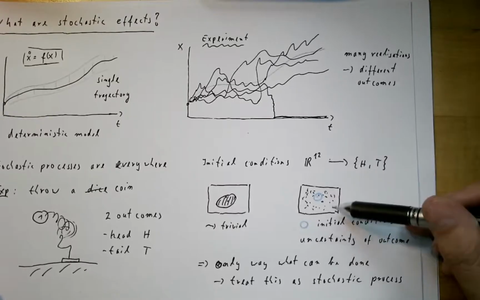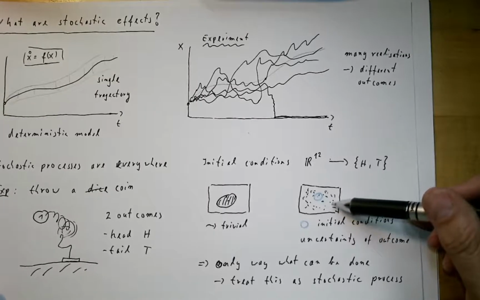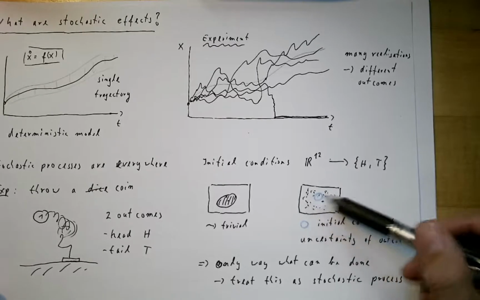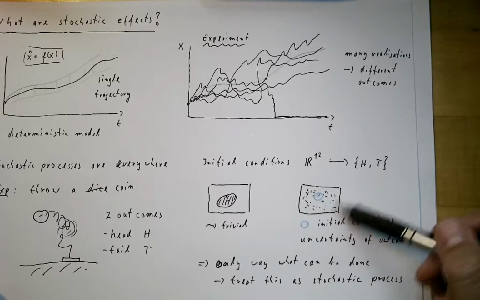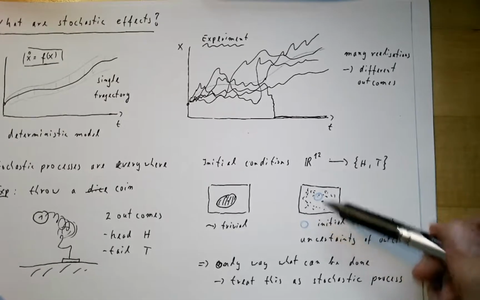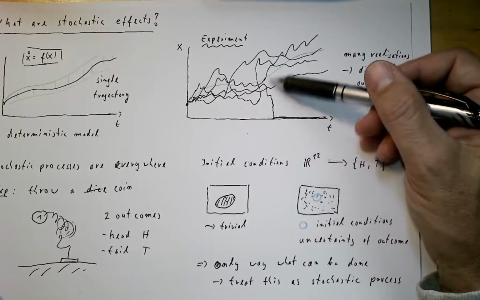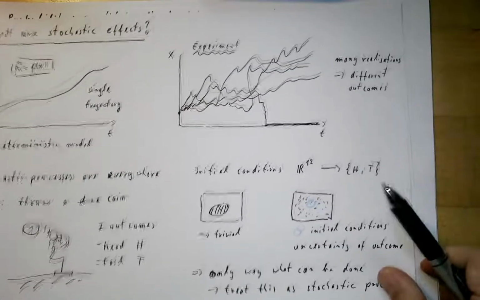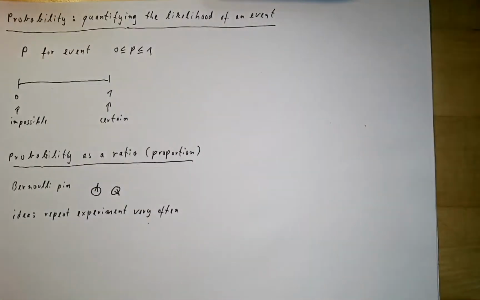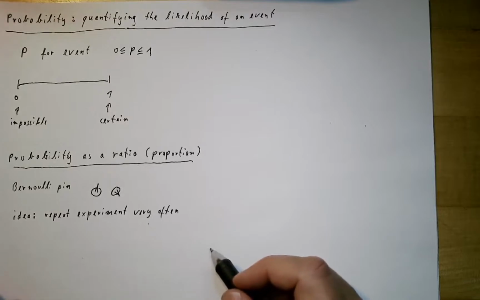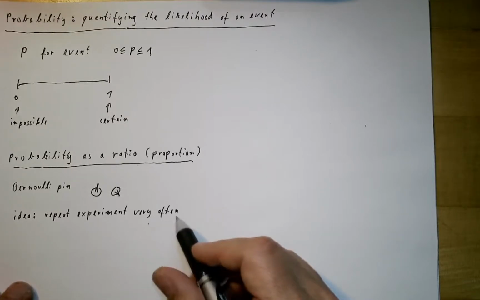Every individual experiment I will not be able to predict, but in principle I could measure the number of black and white dots here and get some idea of the likelihood. Or here I cannot repeat the experiment, but if I have many repetitions, I see some idea about the scatter, about the trajectory. So we repeat this very often.